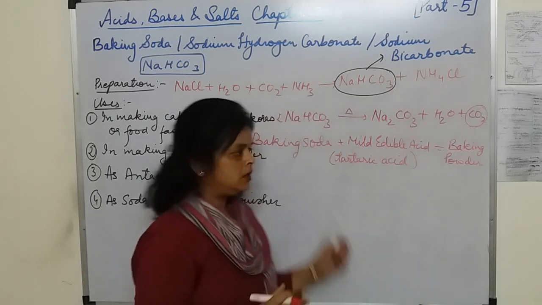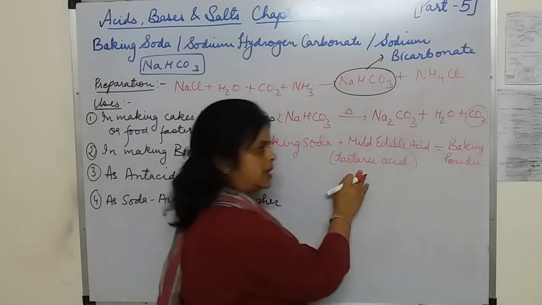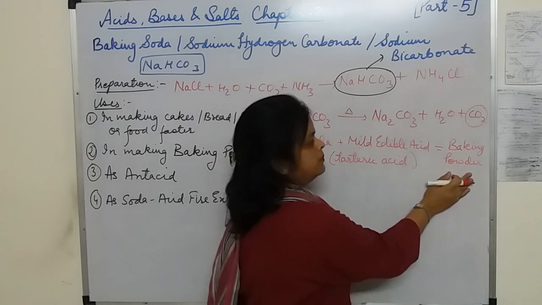So what is baking powder? Baking soda plus a mild edible acid, like tartaric acid, forms the baking powder.